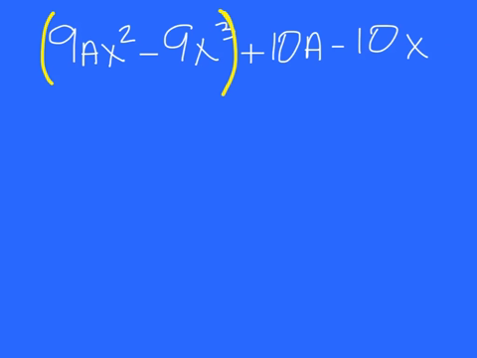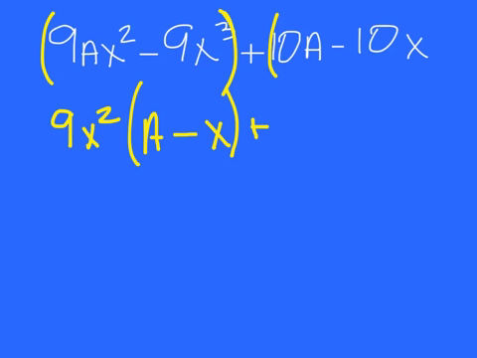Yeah, you can take 9 out. You can take a 9 and what else out? X to the second. So what does that leave me with? A and x. Yeah, a minus x.